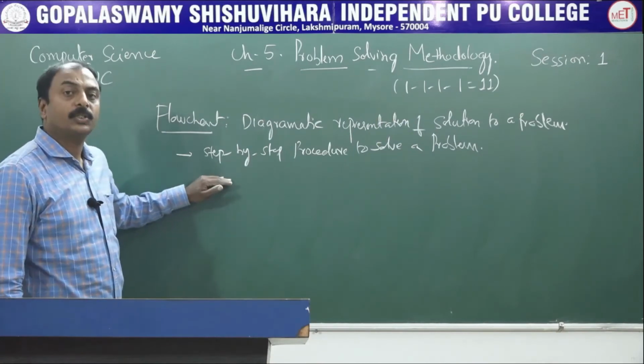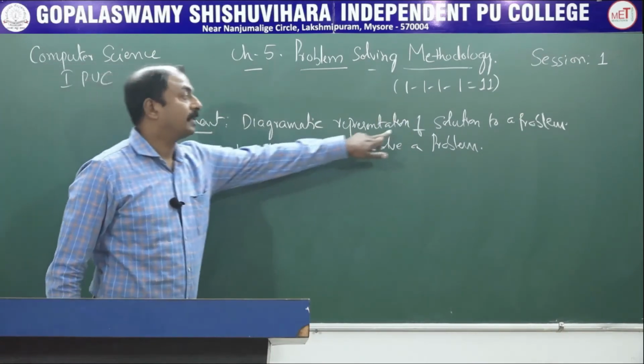Algorithm is nothing but a textual representation, but a flow chart is a diagrammatic representation.